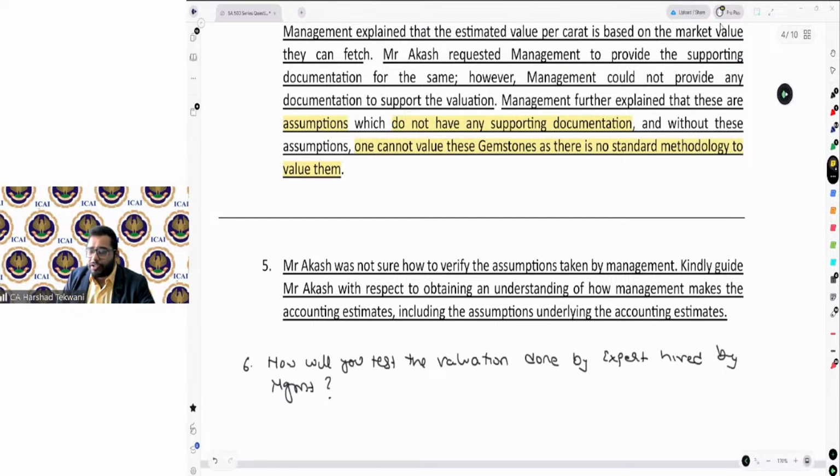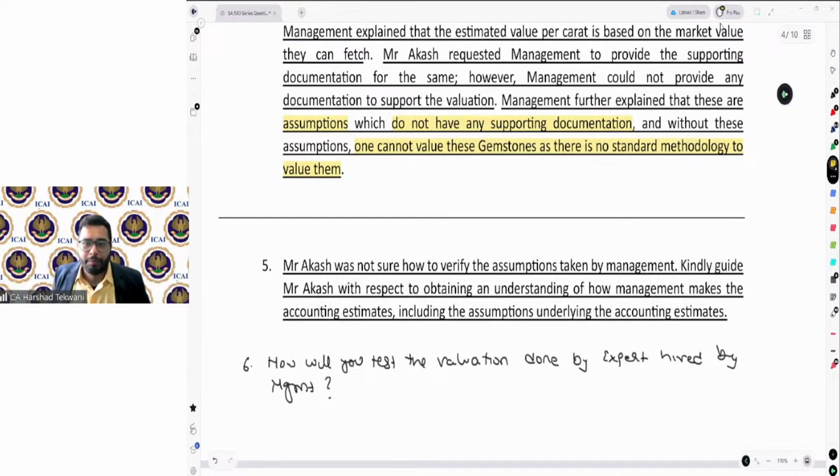Come on, guys. As per which Standard on Auditing will we be gathering the information? Correct, Purviben. Okay.